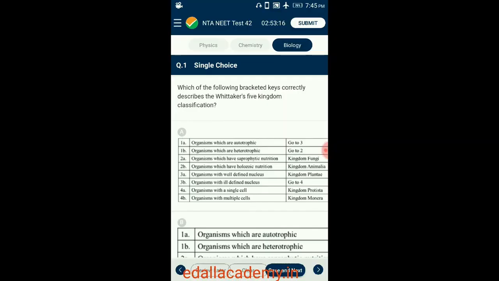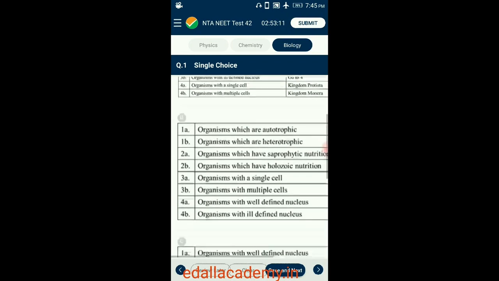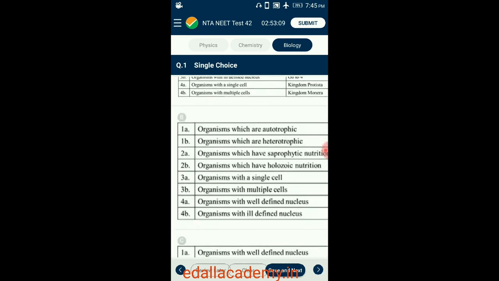Question number 1. Which of the following bracketed keys correctly describes Whittaker's 5 kingdom system of classification? According to Whittaker's classification, kingdom Monera includes all prokaryotic organisms. Kingdom Protista includes organisms with a well-defined nucleus, that means eukaryotes which are single-celled.